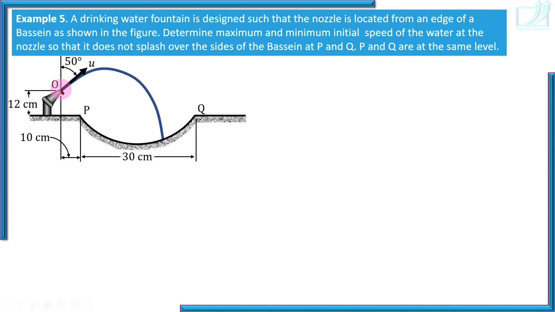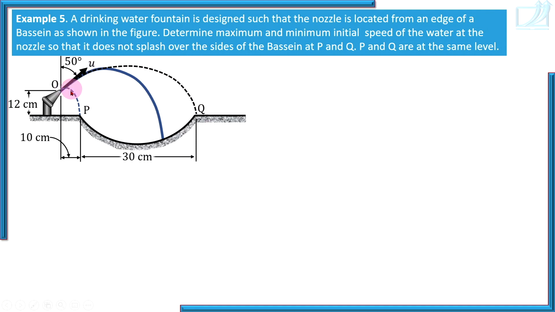If the speed of water is increased here, then at a certain speed water strikes point Q, that is the edge of the basin at Q. And if you go on reducing the speed, then at a certain speed that water jet will strike the basin at point P. So we should find that value of U so that water strikes point Q, and that is of course the maximum value of initial speed, because if you exceed the value of U, then it will not fall in the basin, it will fall beyond point Q.